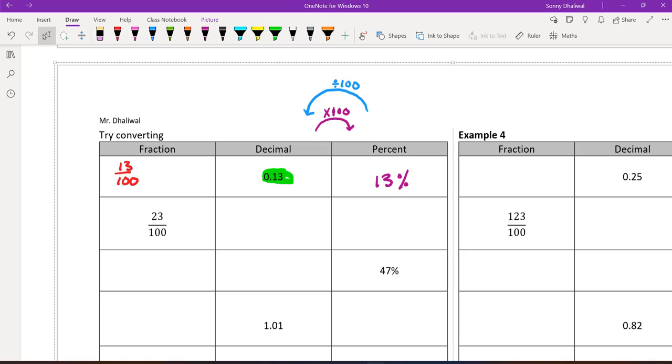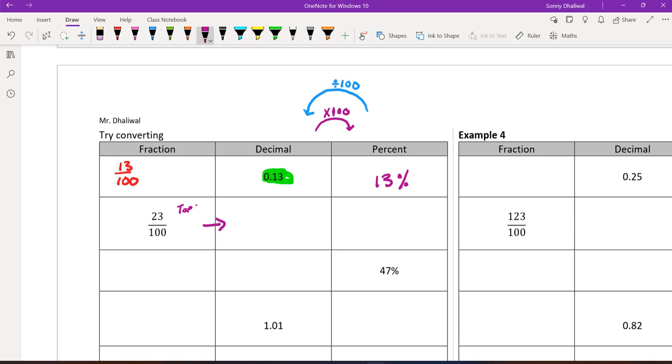How do we convert the next one from a fraction to a decimal? How do we do this? Divide by 100? No. You go top number divided by bottom number.